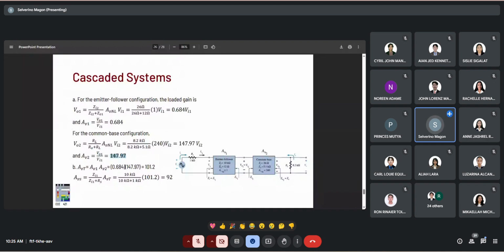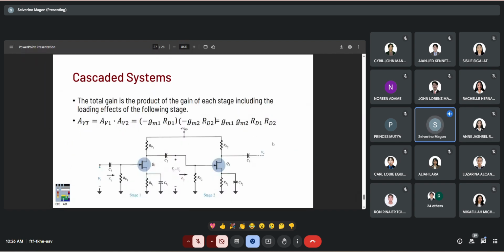This is essentially the function of the common base, to provide the sufficient voltage gain characteristic. The total voltage gain is 0.68 times 147, so it's at 101.2. With the loading effect at the source or the input side, we have another voltage divider network here. It was reduced further to 92.